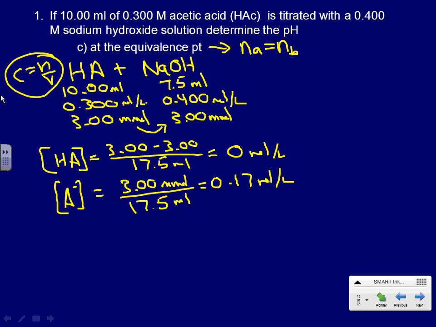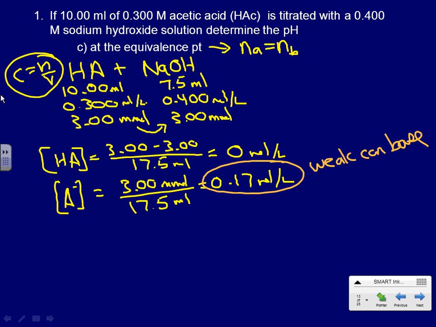All right. So at the equivalence point, for a weak acid titrated with a strong base, what I have at the equivalence point is no acid, but all conjugate base. So what's in the water at the equivalence point? A weak conjugate base.